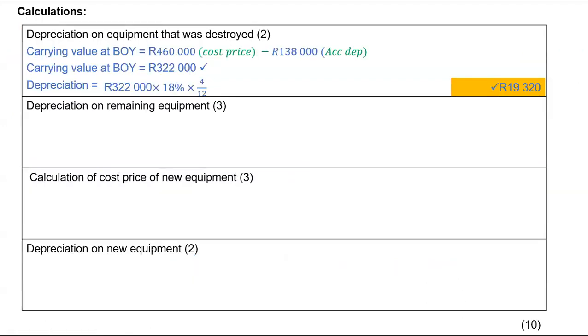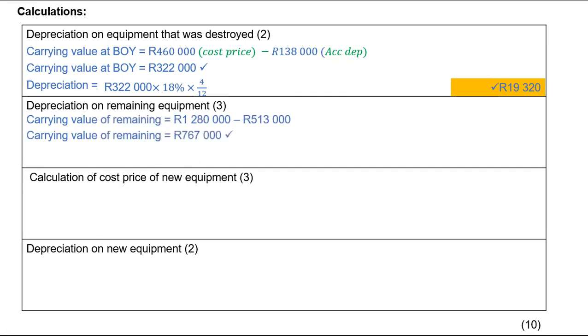All right. I'm going to calculate the carrying value now, which is that 1.28 million minus 513,000, which is the accumulated depreciation. Now I'm left with the carrying value of the remaining. It's your choice. You can take that 1,280,000 and multiply by the depreciation rate.